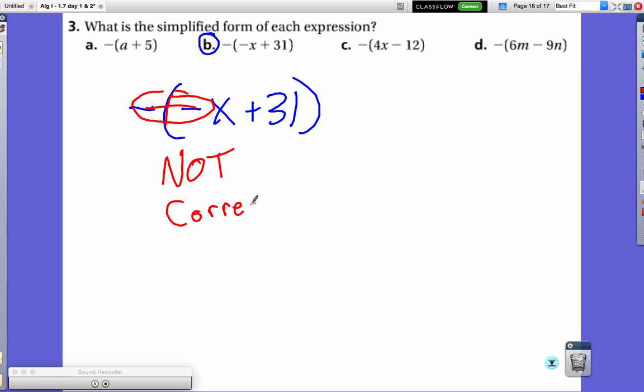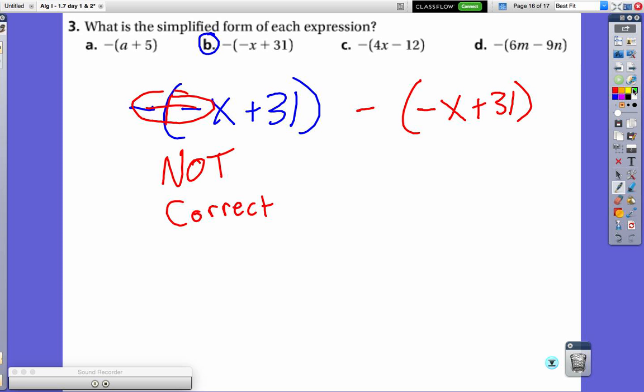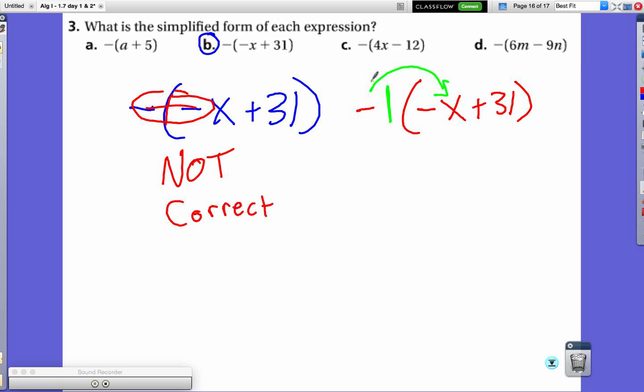And the reason it's not correct is when you have a negative and then in parentheses a negative x plus 31. Remember, this is a -1, and you need to multiply this to everything in the parentheses. So -1 times -x is a positive x, but we have to take -1 times 31, which is minus 31. All right, so you have to distribute it into the parentheses to get your answer.